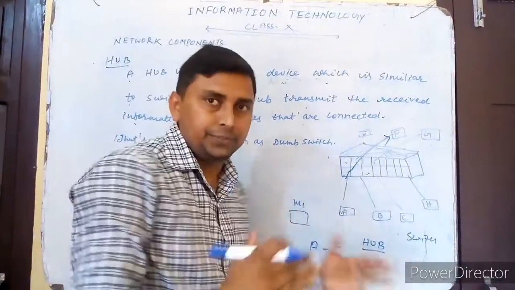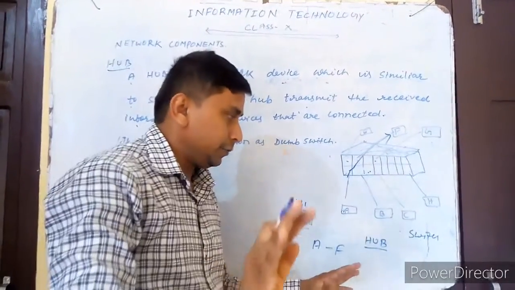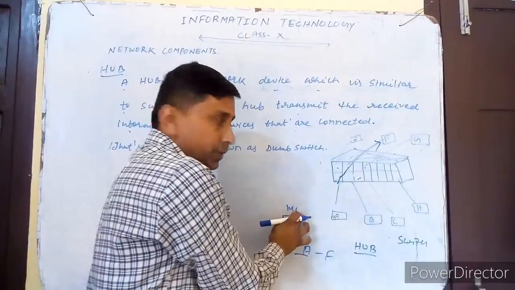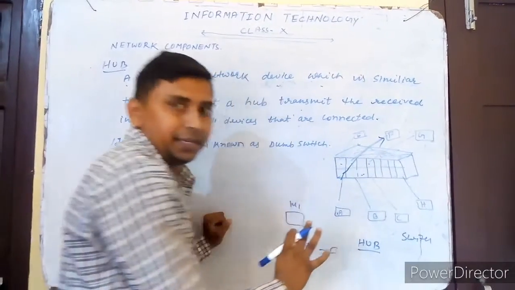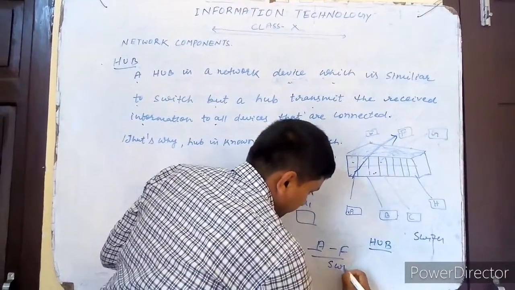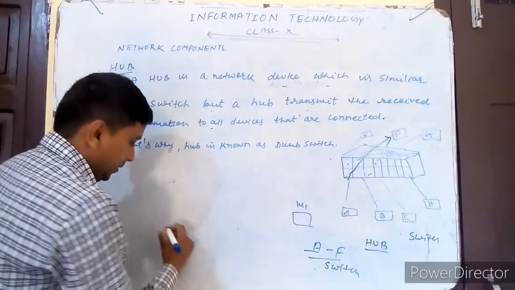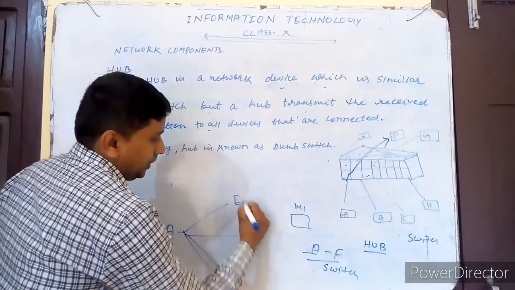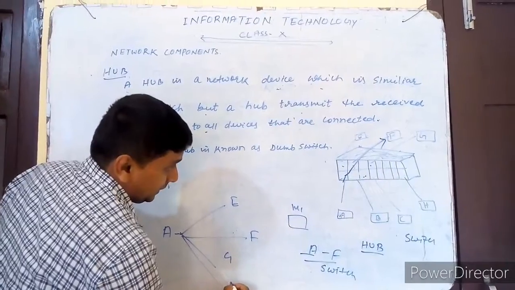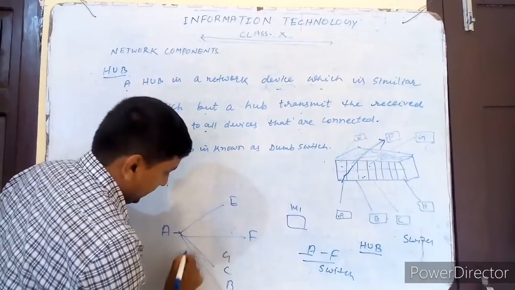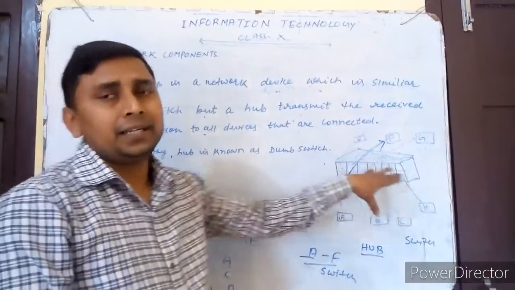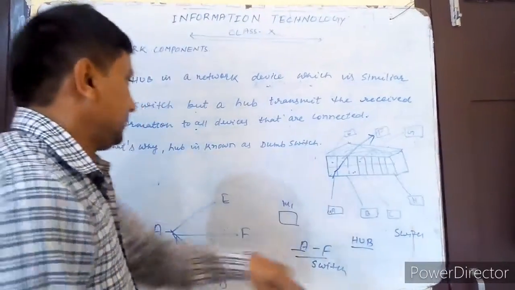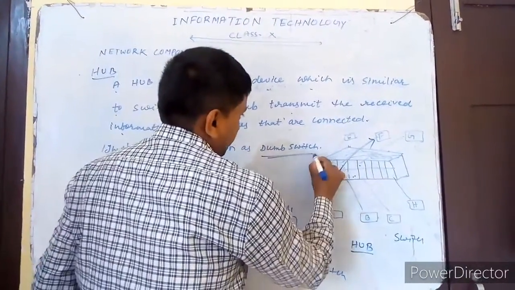If we talk about the switch, then A sends message M1 only to F. If we talk about the hub, then A sends to all nodes: E, F, G, B, C, H all receive the same message. That's the reason it is known as a dumb switch.